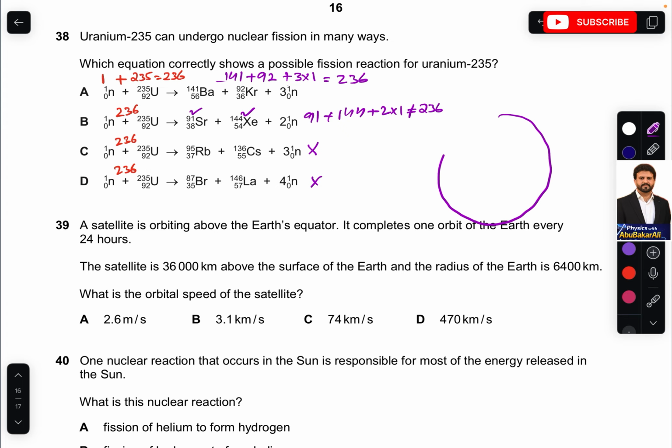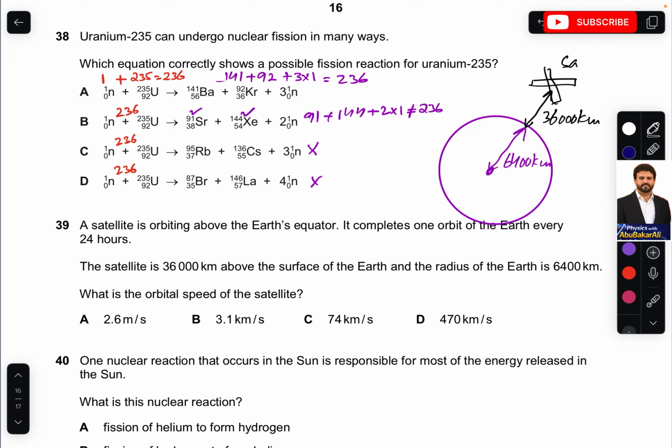Let's suppose this is the Earth, this is its center. The radius of the Earth is this 6,400 km. The satellite is at some height and that height is 36,000 km and there is a satellite. Okay, this is the satellite.